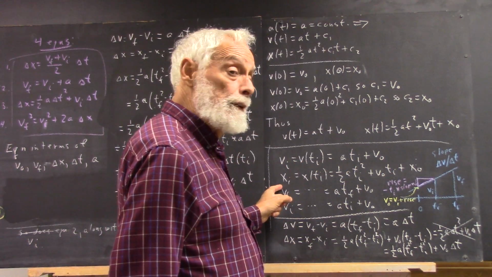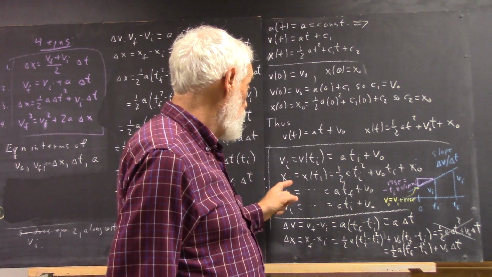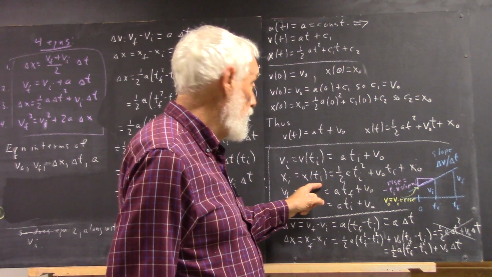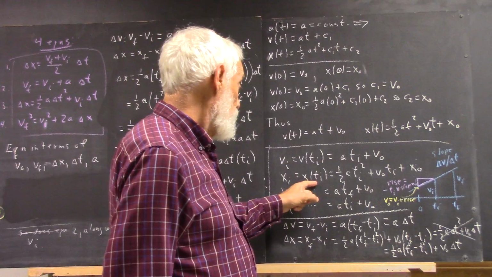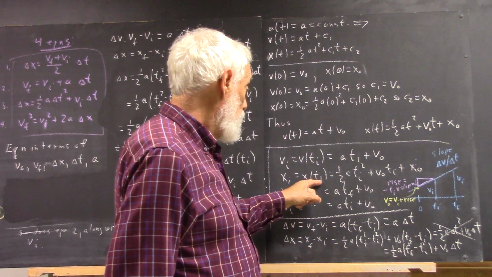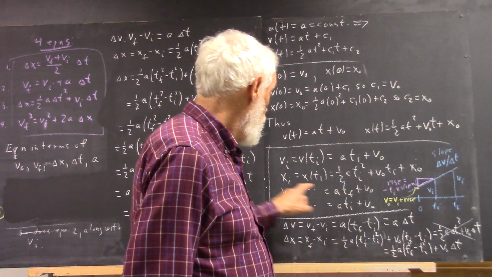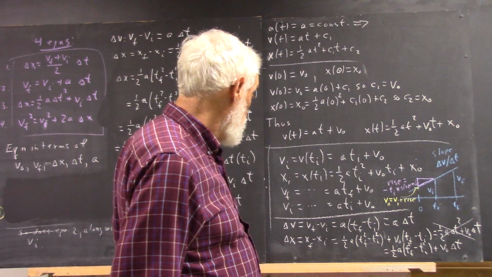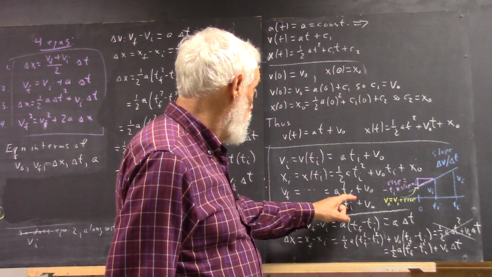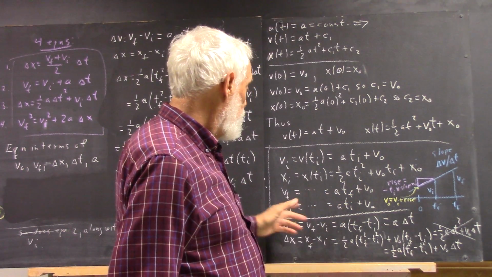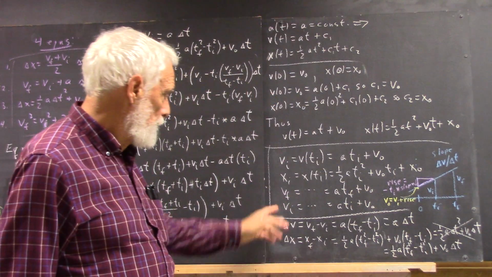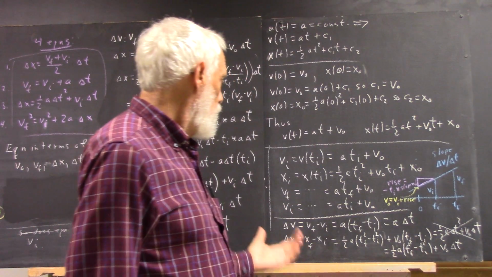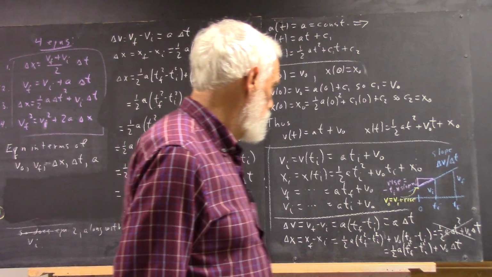For xi, our position is x of ti, our initial time. And we plug that in and we get this expression, and that's what we're going to call x sub i. And then we get vf similarly, and xf, although that's not what I wrote down, I wrote down vi again. And that's what we have, okay?